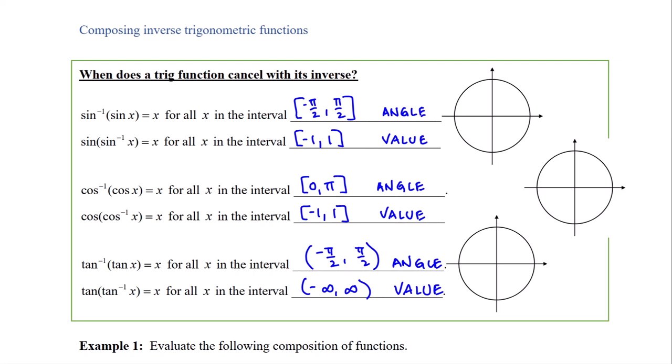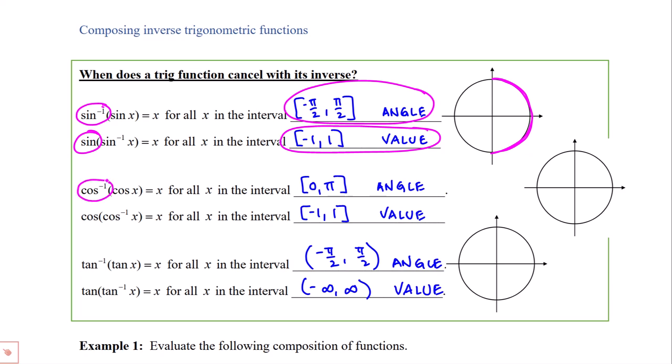The same is true for trig functions. Now, inverse sine. We talked about that inverse sine will only give you angles between pi over 2 and negative pi over 2. And sine values only give us values between negative 1 and 1. Remember the range of sine: amplitude goes up 1, down 1. The same is true for inverse cosine.